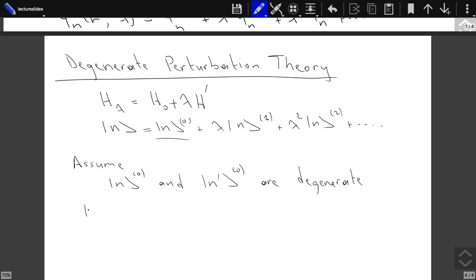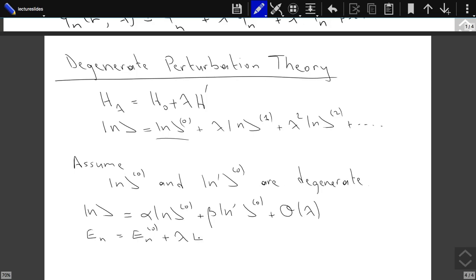Now what we will do is we will just write N. Let's say I don't know if it is the N0 state or N prime 0 state. We don't know. We have to determine these alphas and betas, plus, of course, there will be higher order corrections of the order of lambda. For the energy of this state, it will be, just as in the previous case, En0 plus, let's say, the first correction, En1.